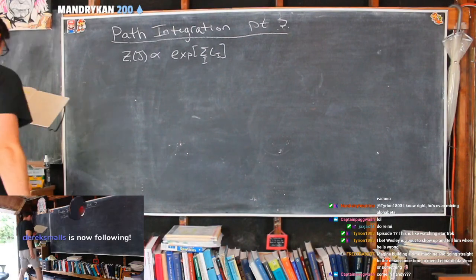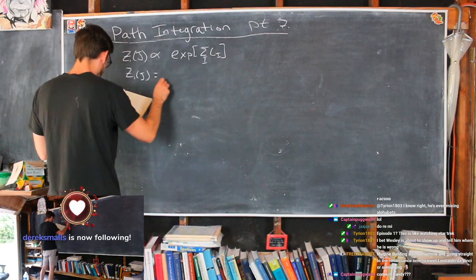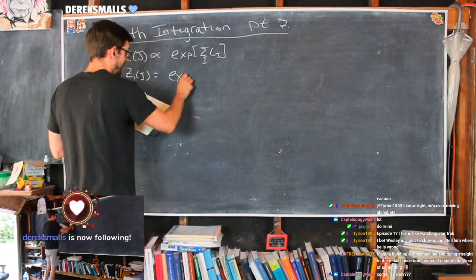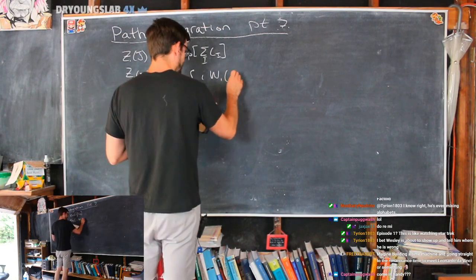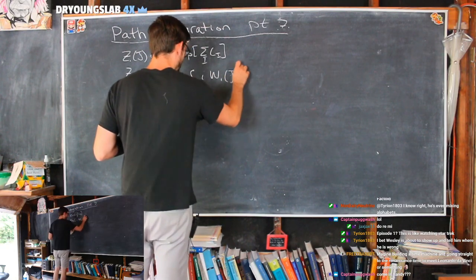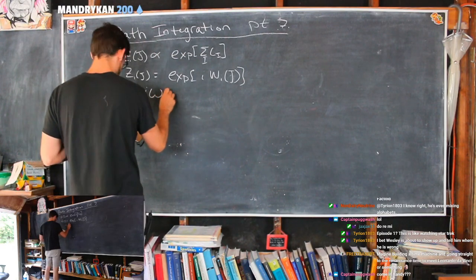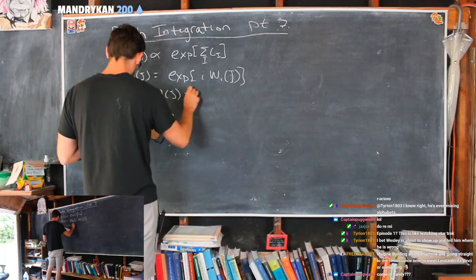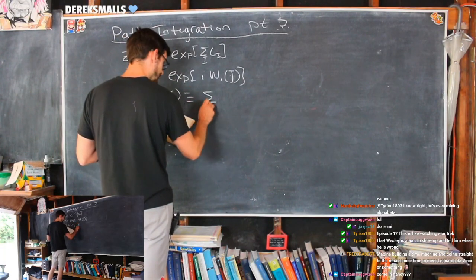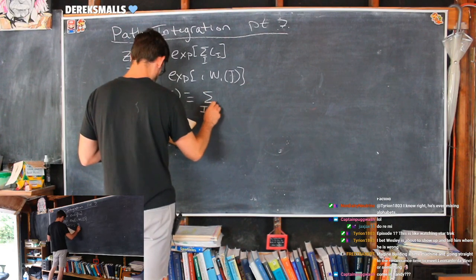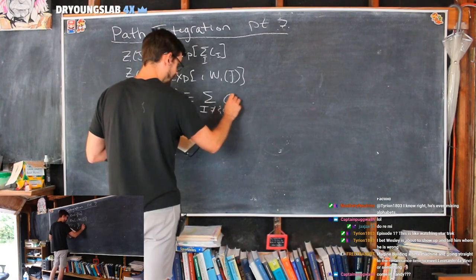And then we said, okay, we could take this Z_1 of J and set it equal to the exponential of iW of J, where iW of J was just all of the connected diagrams, without the... hold on, let me double check this.